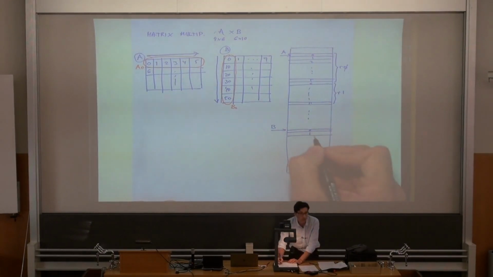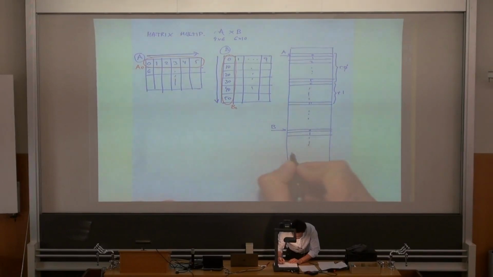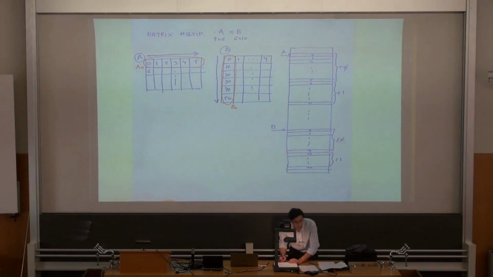Matrix B is also stored in row major layout. So this is element 1, 9. So this is row 0, and here we start with row 1 until element 20. So this is row 1.